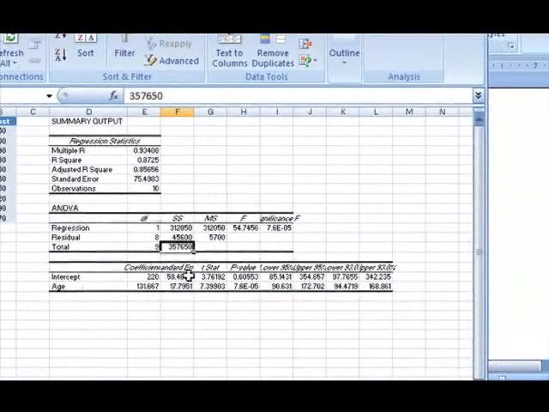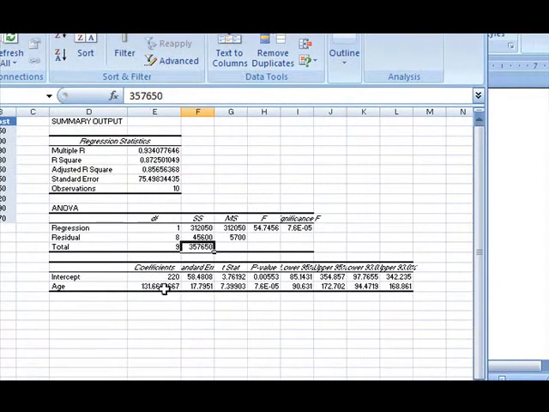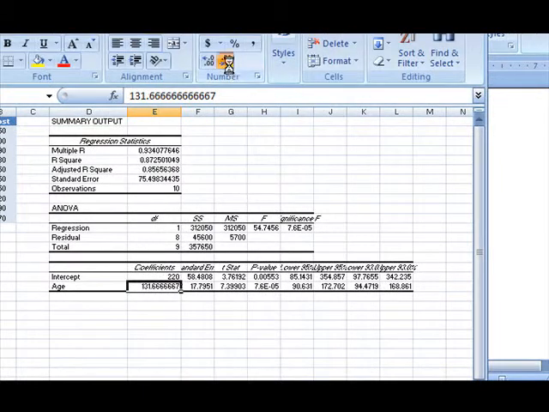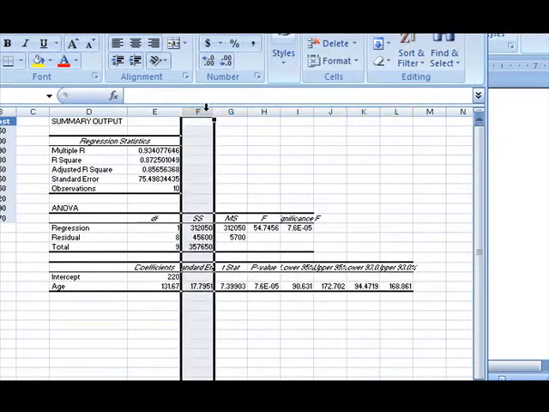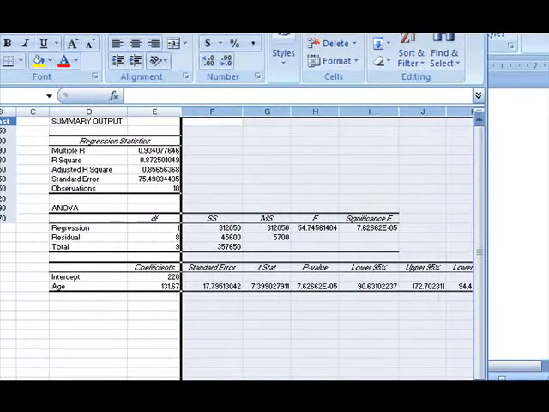I really don't care about the first line of the intercept and the last table except for the coefficient. The coefficient is where you get your equation values. So that's the only one that I'm really going to care about. The rest, I usually just go and delete it for the first line so that I don't get confused.